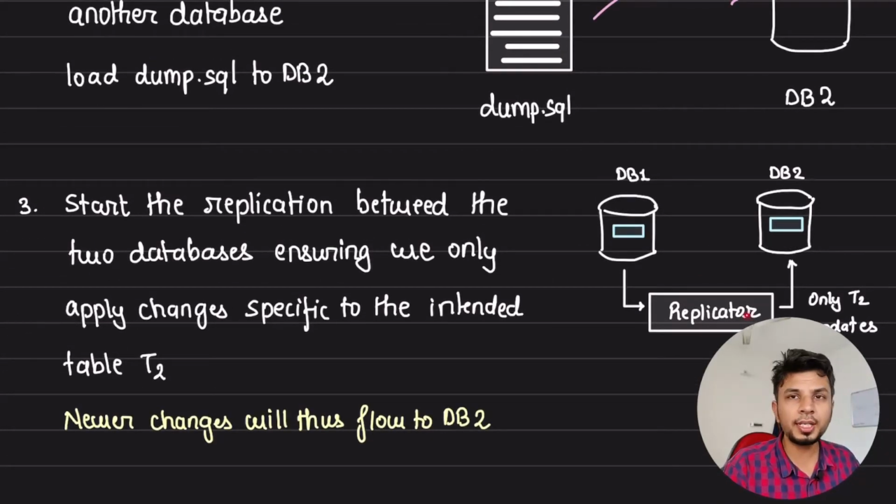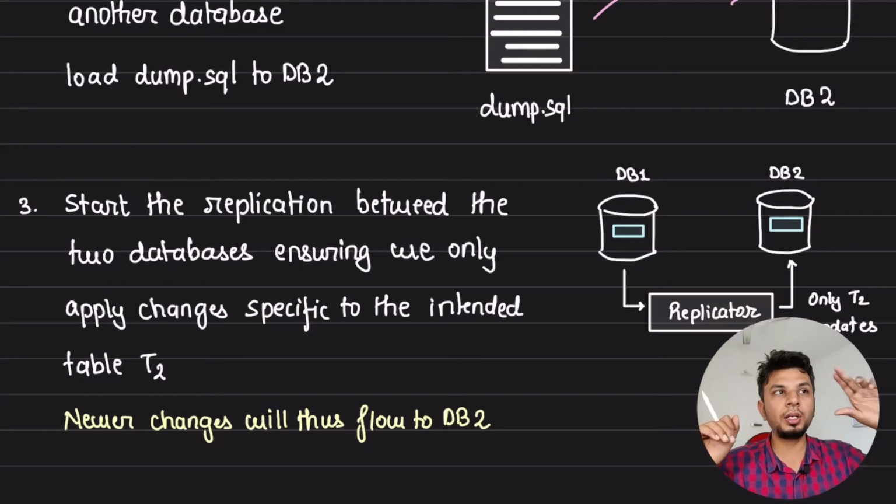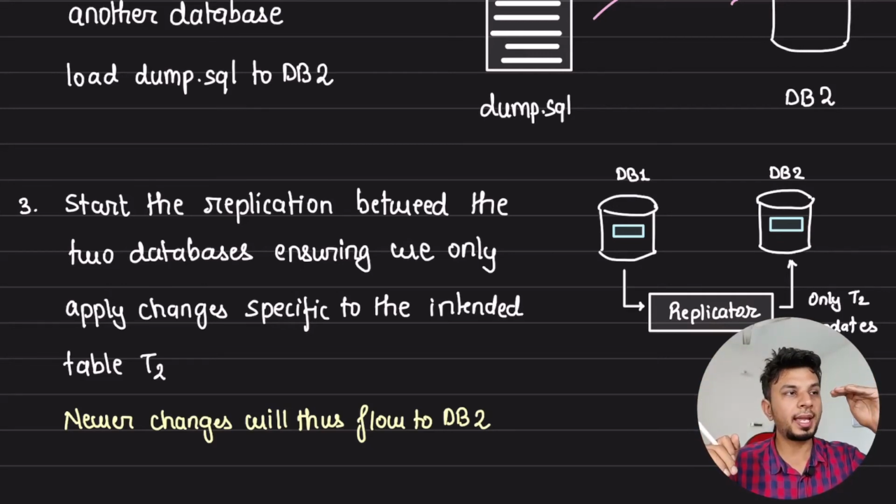There are a lot of utilities out there that do this, where you read the updates from DB1 for that particular table and apply them onto DB2. This way, your DB2 has the old data till a particular time from the snapshot that you took, and then all the recent inserts that have happened on DB1 while you were doing this will also get replicated to DB2.